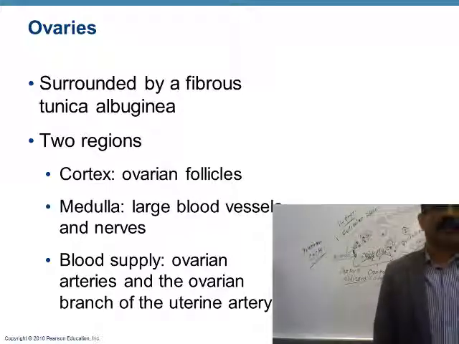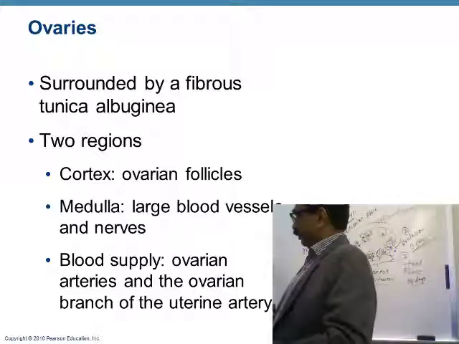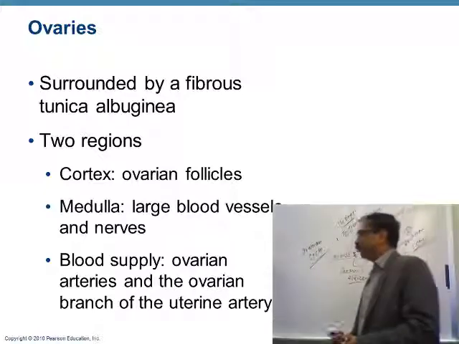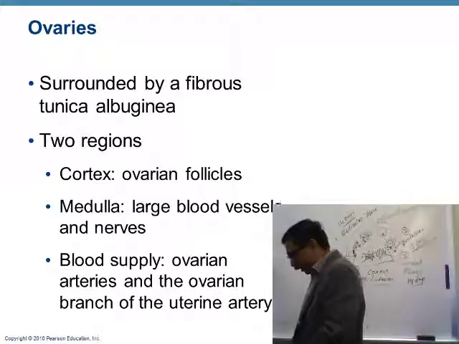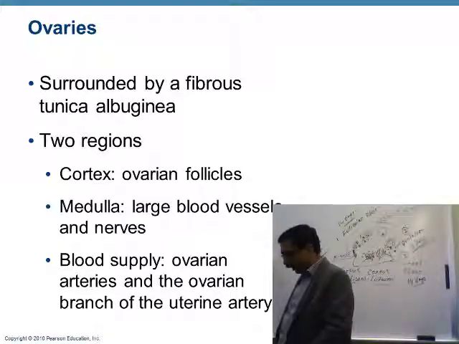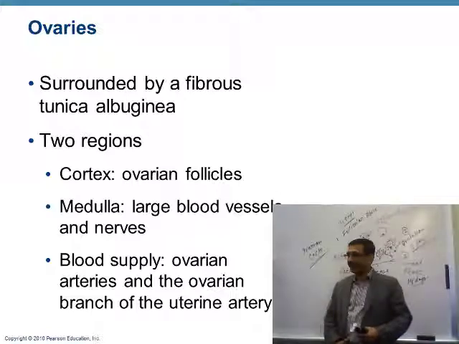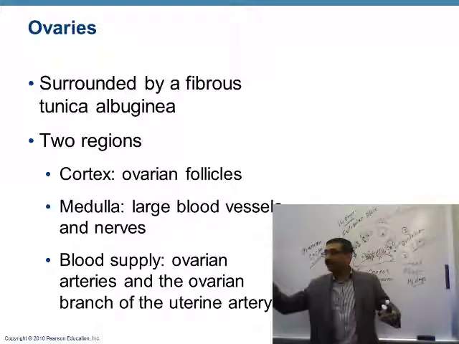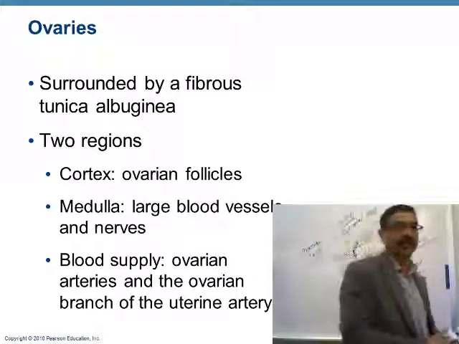And uterine arteries come from the abdominal aorta. You will remember the abdominal aorta's lower end divides into common iliac, then external iliac goes to the leg, internal iliac, as I mentioned at that time, stays in the pelvic area. Remember that? So from the internal iliac, the uterine artery arises, and from the uterine artery, the ovarian arteries.